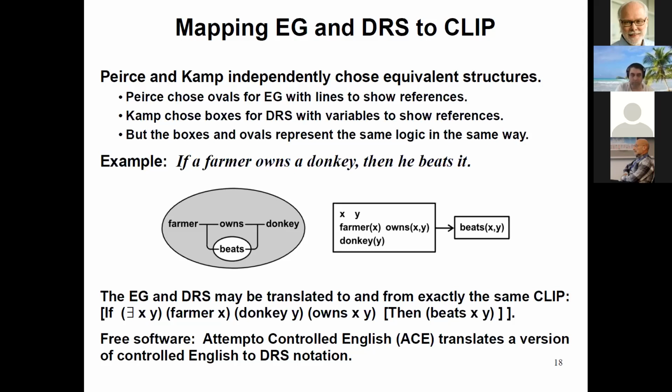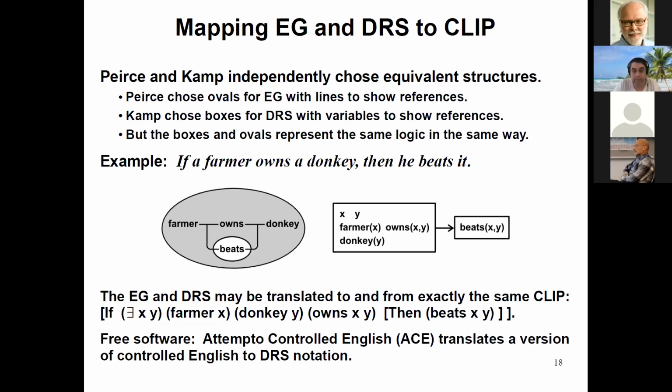And the DRS notation is exactly equivalent. It says if there exists an X and a Y, farmer X, owns X Y, and donkey Y, then X beats Y. And both the existential graph and the DRS notation map to exactly the same clip. That means you can mix and match them freely anytime you want to. And as a matter of fact, there is free software.